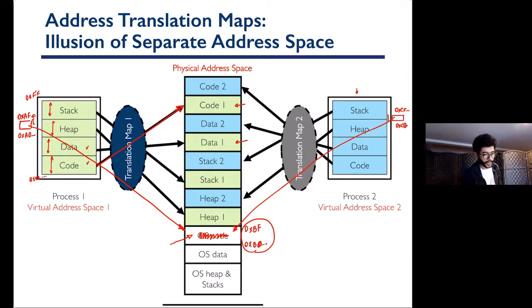So we will spend a lot of time talking about this oval here, what is under the hood, so what it takes to implement this translation map. For that, just wait a little bit for the second half of the course, and we'll talk about it. Okay, so I'm getting a question here.